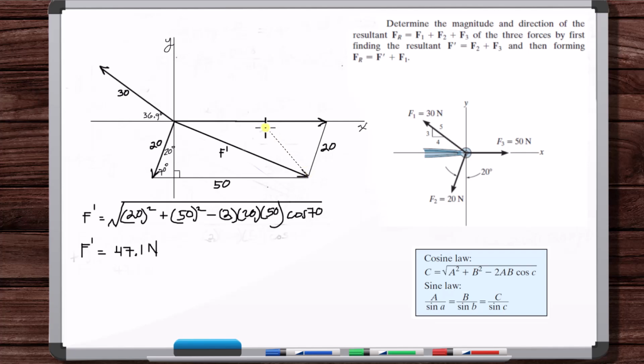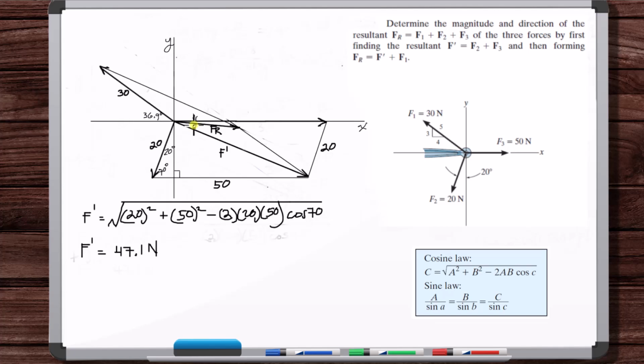So let's draw this line. This is parallel to F1, about like that. And then let's draw this line that's parallel to F prime. Now let's connect this here. And that's FR.